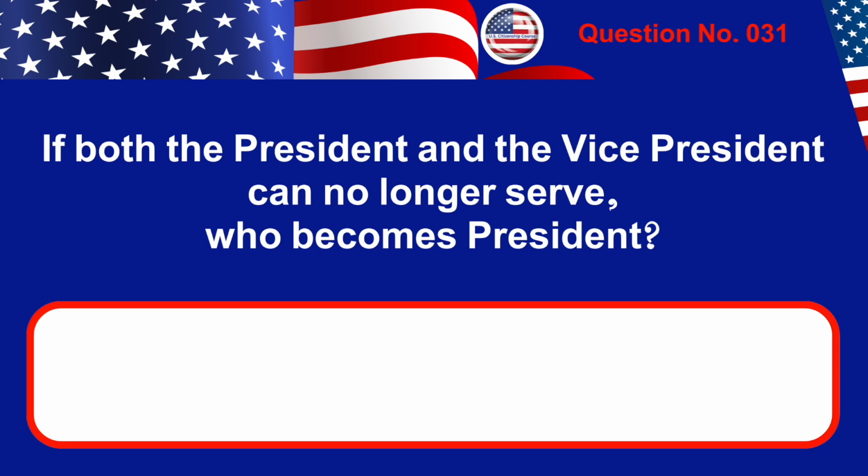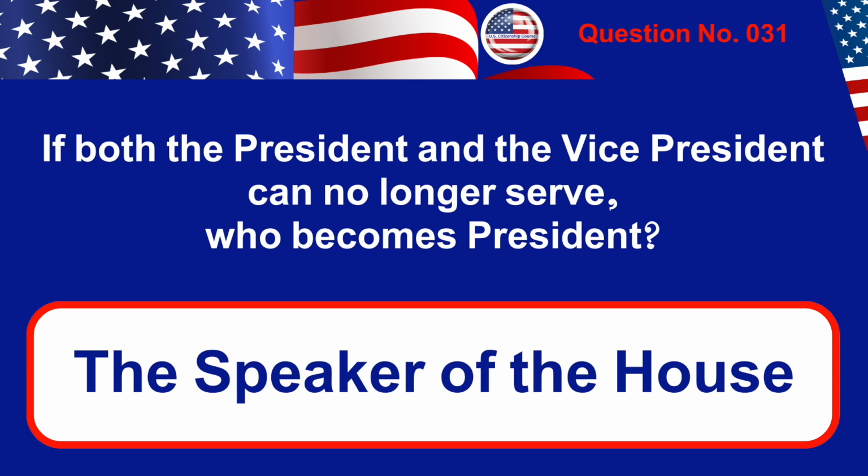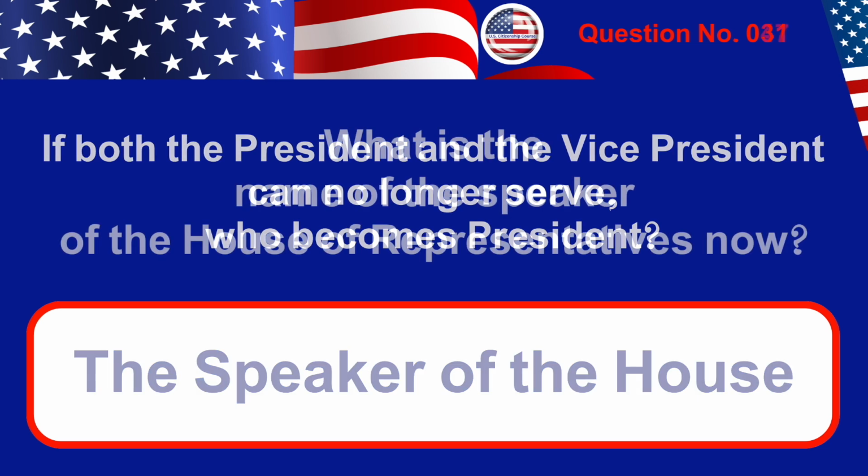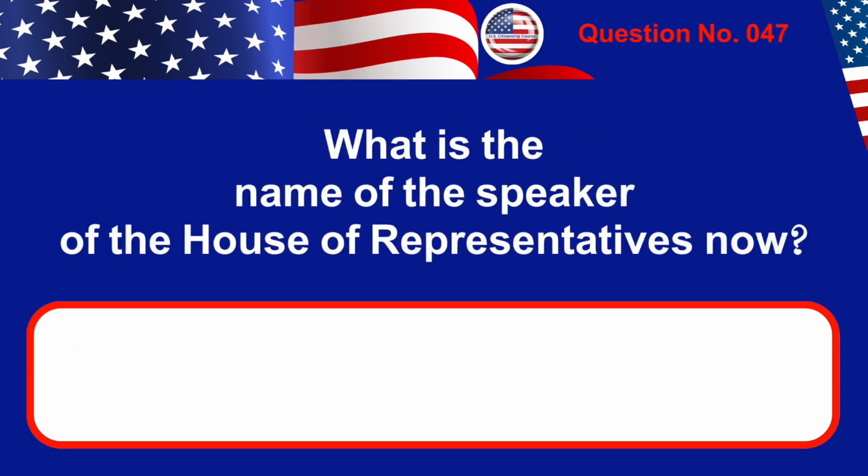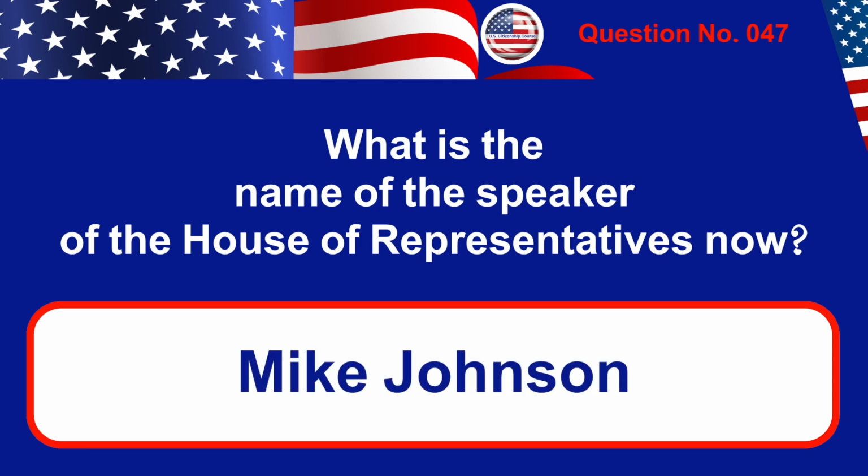If both the president and the vice president can no longer serve, who becomes president? The Speaker of the House. What is the name of the Speaker of the House of Representatives now? Mike Johnson.